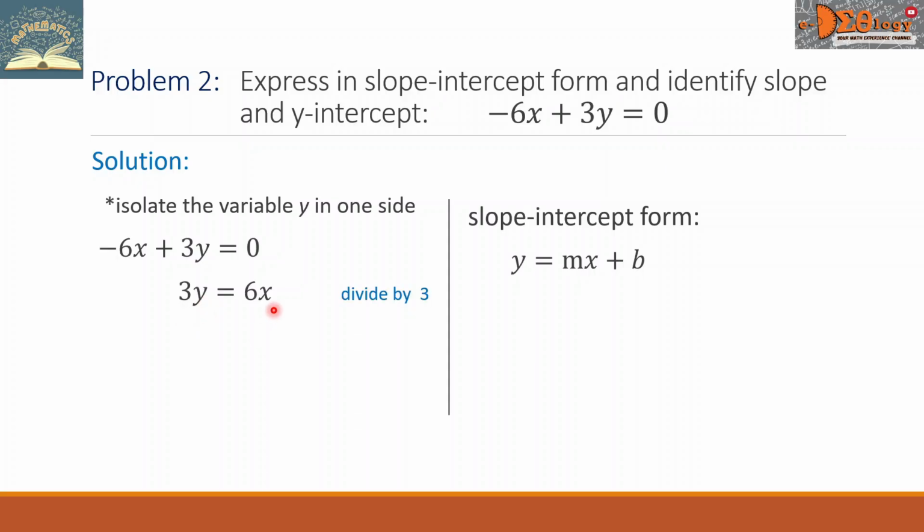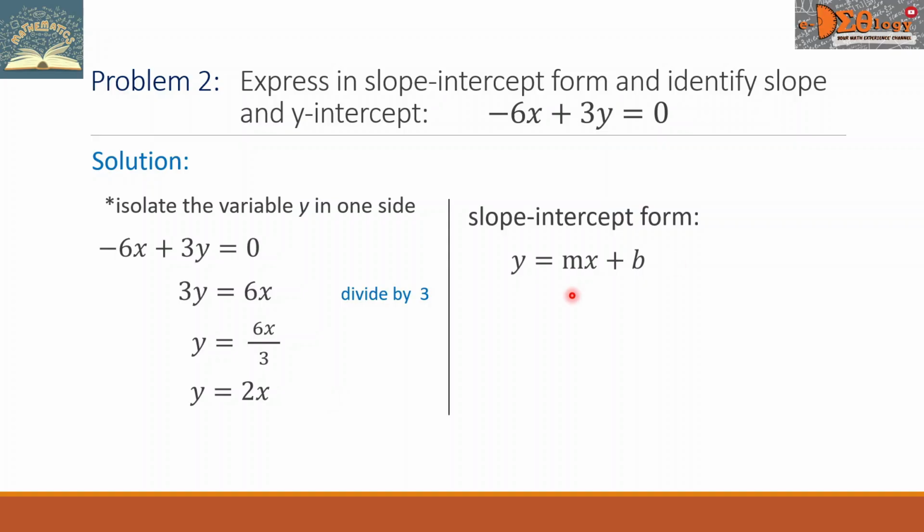And from here, we want this y to be alone. So, we divide this equation by the coefficient of y, which is 3. We see that y equals the 6x divided by this number 3. 6 over 3 becomes 2. So finally, we have y equals 2x. This is now in slope-intercept form.